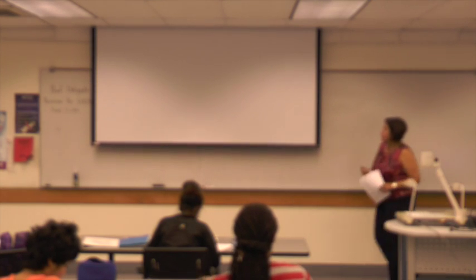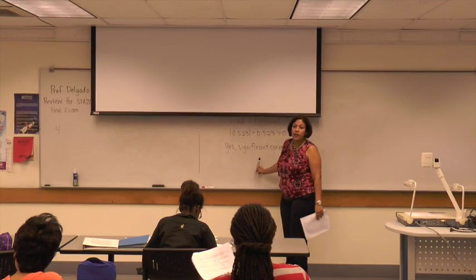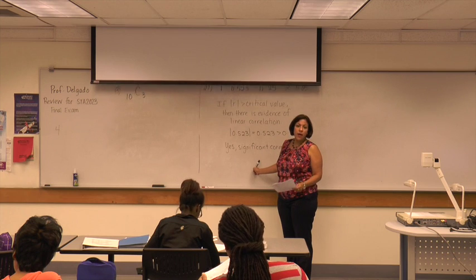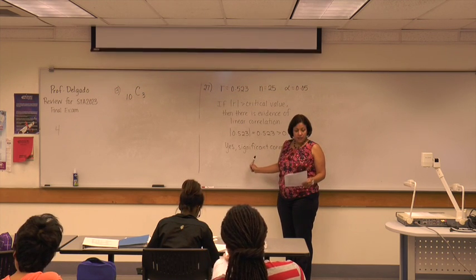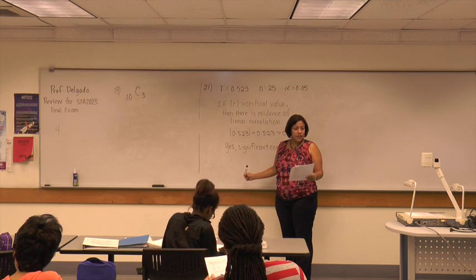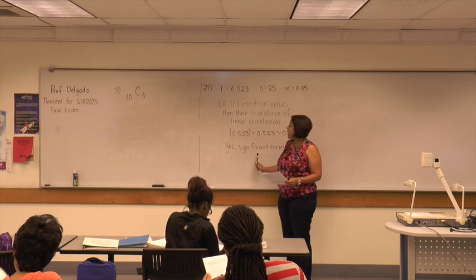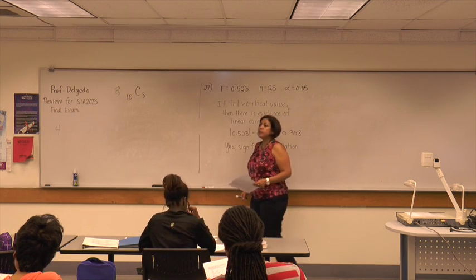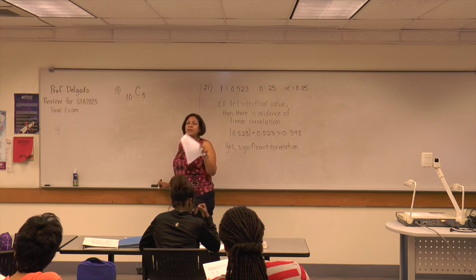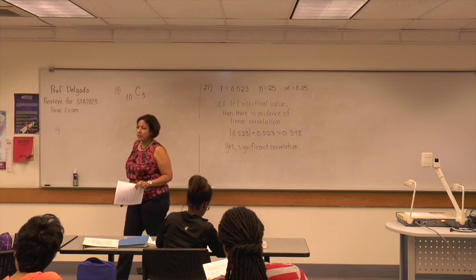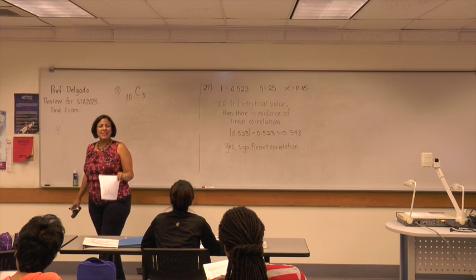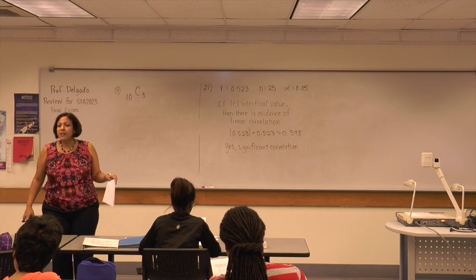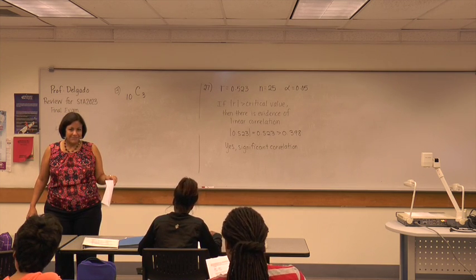Very similar to what we did in looking for correlation. You need to do that here as well. This is from section 10.3. In order for us to make a prediction, we first have to know if the correlation is significant or not. If it is significant, then we're going to use our regression line to make a prediction.